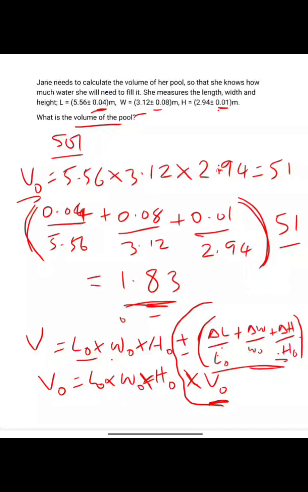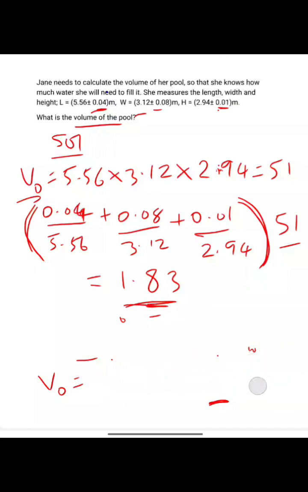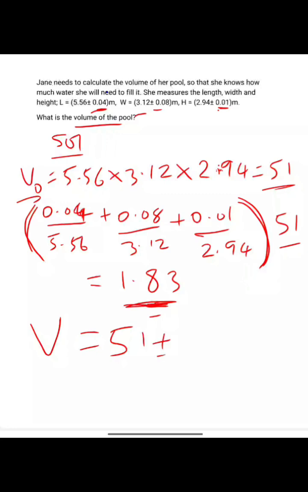The actual value of the volume is not given by this alone. We got V sub 0 as 51, so the volume is 51 plus or minus 1.83, where the plus or minus part is the uncertainty. Volume is measured in meter cube, so this is m raised to power 3. So the volume of the pool is 51 plus or minus 1.83 meter cube.